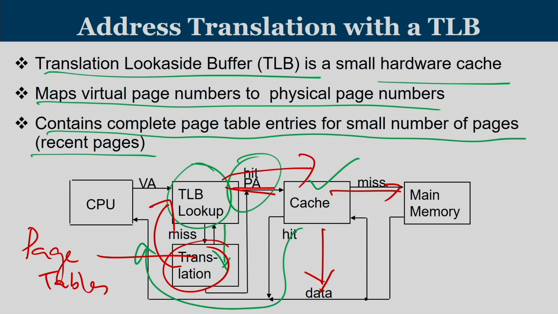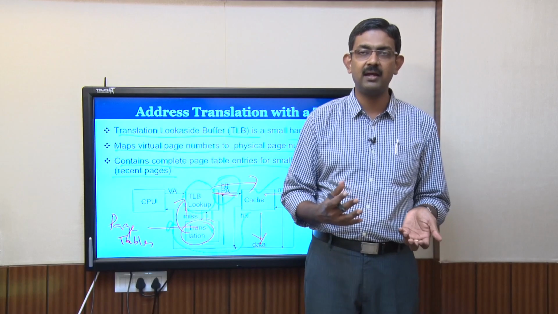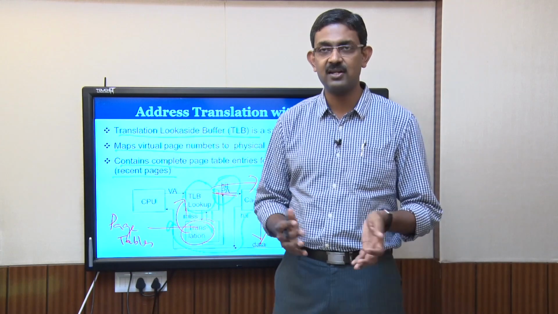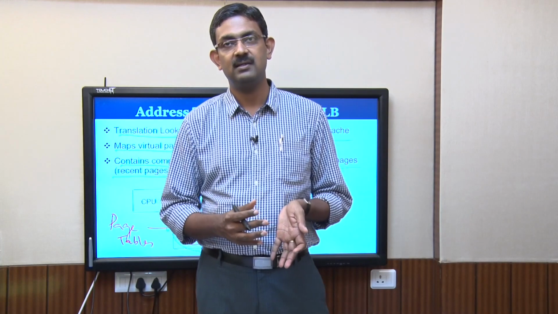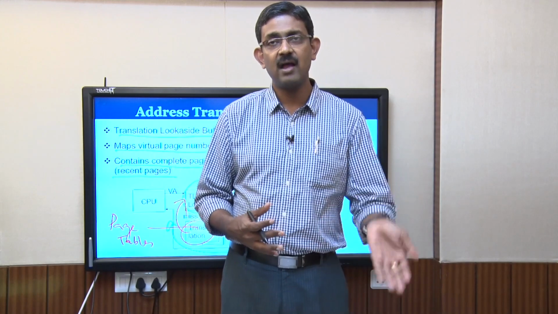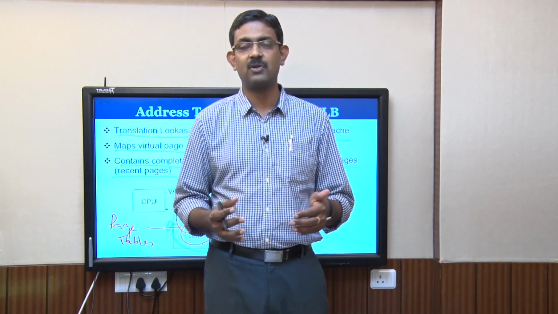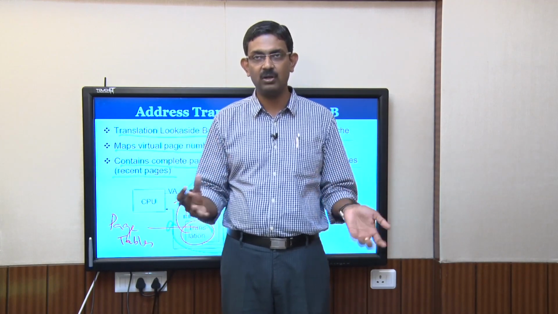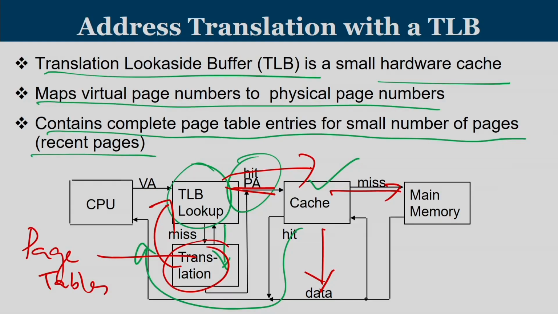Once you have a physical address, then the indexing, tagging and offsetting will work. But if you don't have a physical address, you won't even reach cache. So you are going to access cache only if you have a physical address, and the physical address is obtained by the translation process. So if something is not in main memory, then during the translation process we won't get it, and that's how it is going to work.